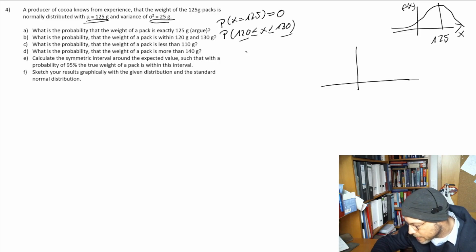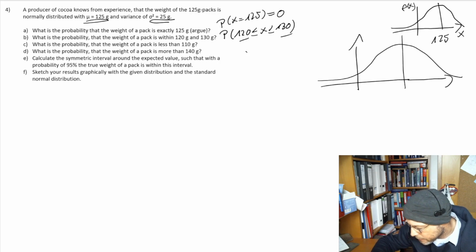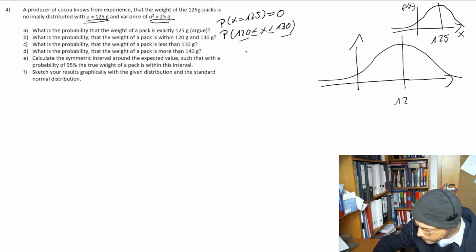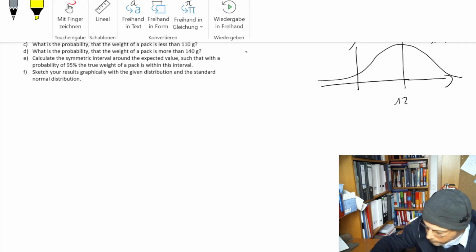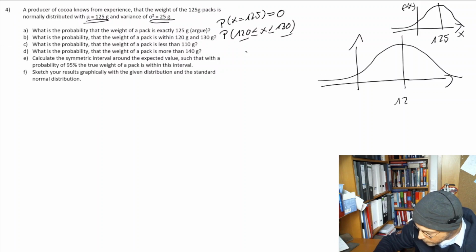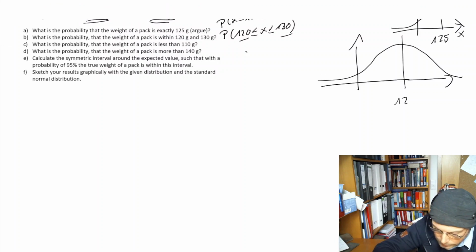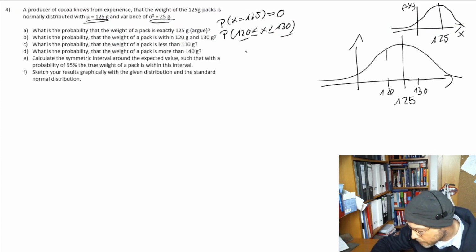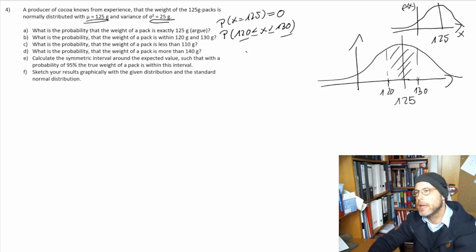This is our random distribution, 125. So we have here 120 maybe, and here 130. So what we want to calculate is just the area below here.